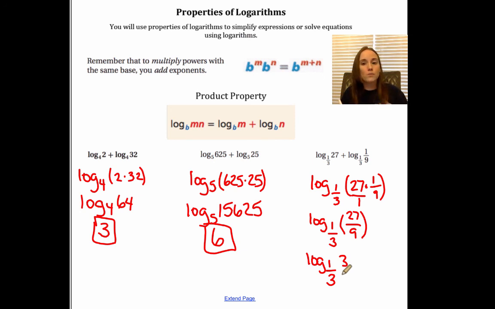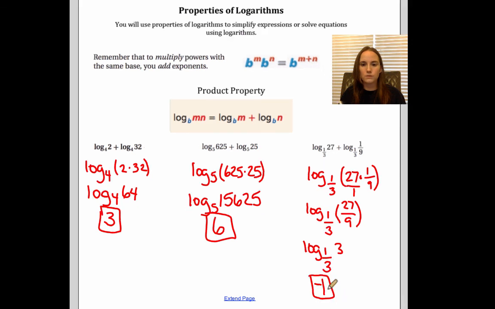It works the same way. Now that we have a fractional base, we need to flip it in order to get this whole number 3. So the same rules apply. If I take 1/3 and raise it to the -1 power, I get 3. So -1 is the exponent that I will use.